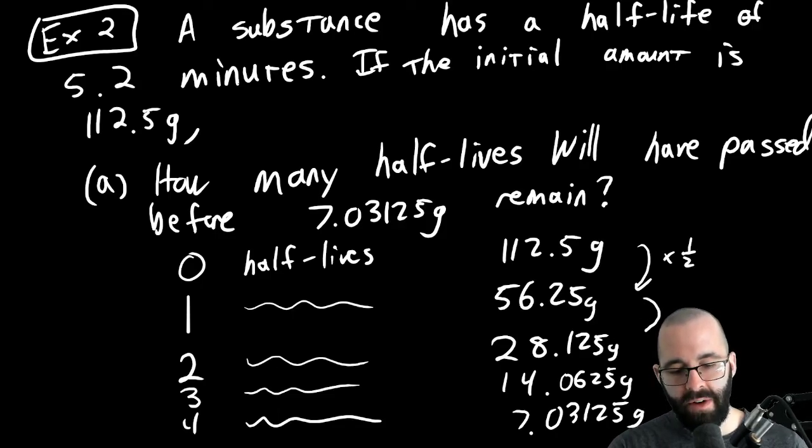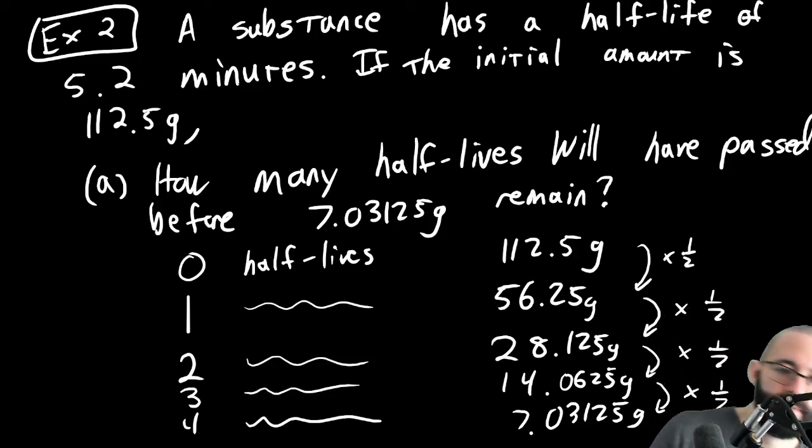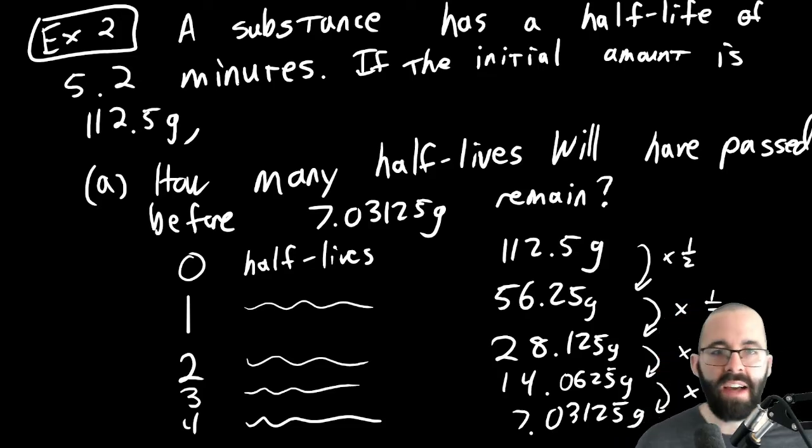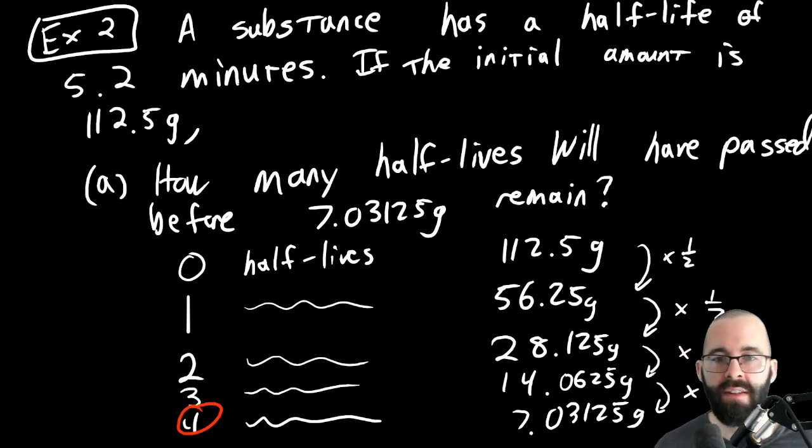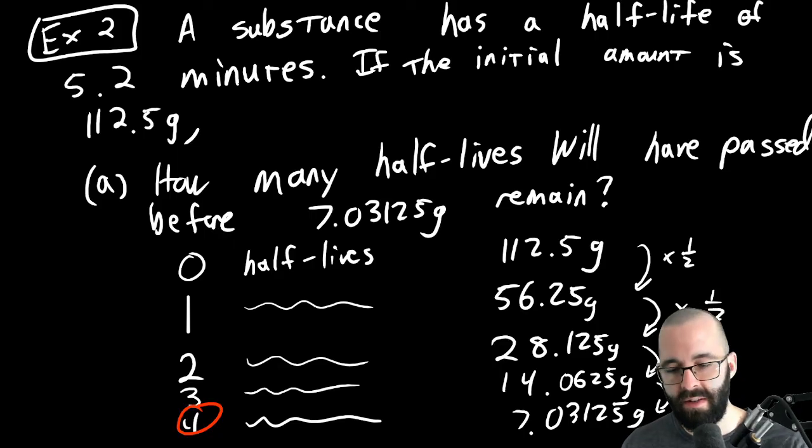Every half-life the amount remaining gets cut in half. So the question is, how many half-lives will have passed before that much remains? And the answer is 4. It takes 4 half-lives for this to decay so far. That's our answer.